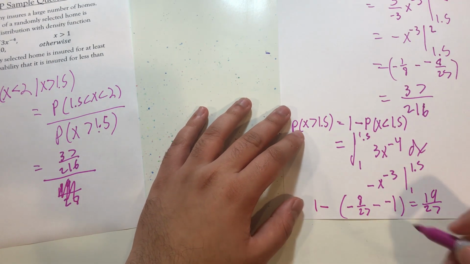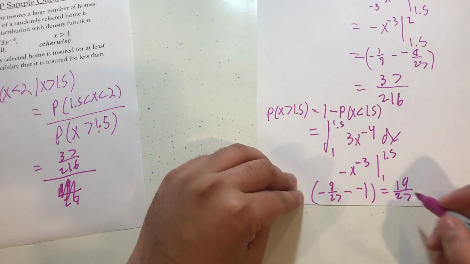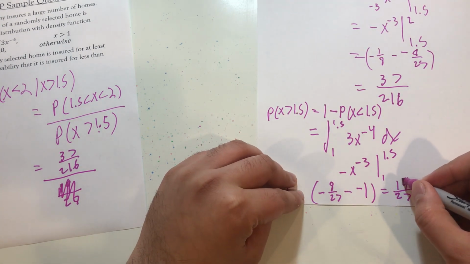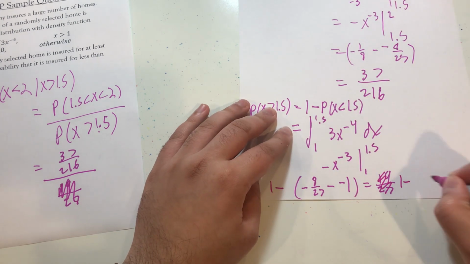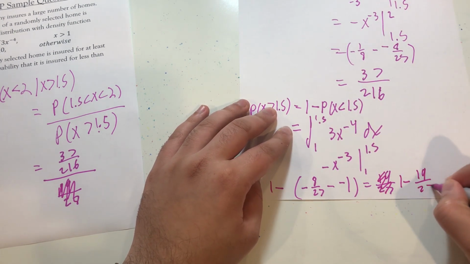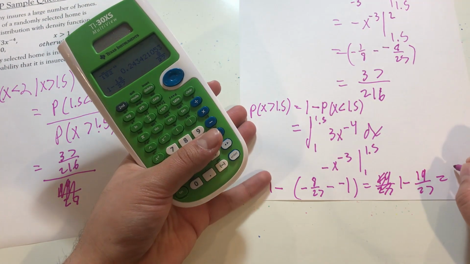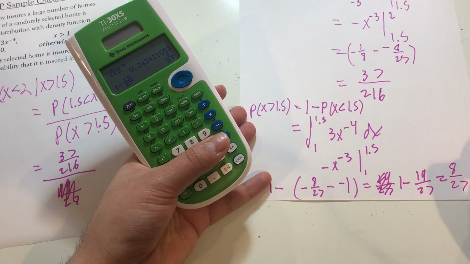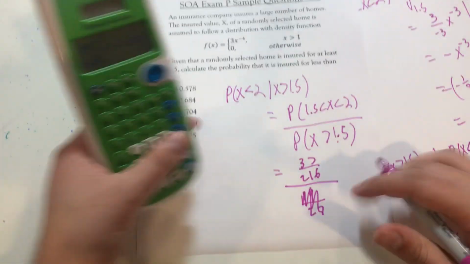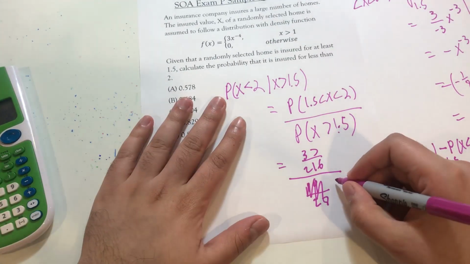That's super important. So although this equals 19 over 27, this should end up being 1 minus 19 over 27. Super important because I almost got the wrong answer that way. So 1 minus 19 over 27 gets us 8 over 27. And that ends up being my denominator here.